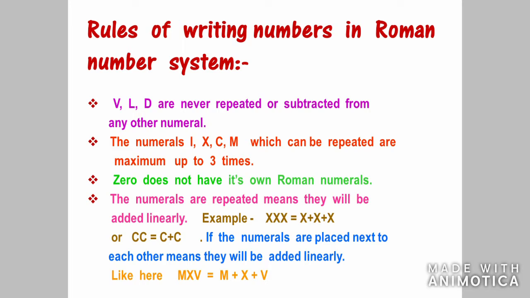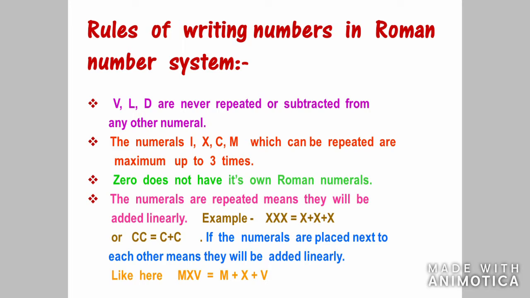Number 1. V, L, D. These 3 numerals are never repeated or subtracted from any other numeral. Number 2. The numerals I, X, C, M can be repeated a maximum of 3 times, not more than that. Number 3. 0 does not have its own Roman numeral.